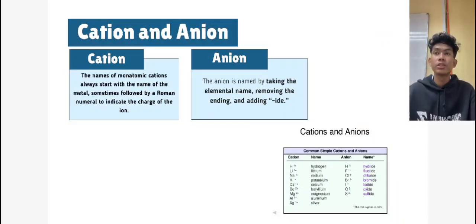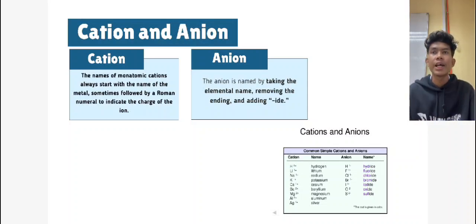Now, I would like to talk about cation and anion. Cation: the name of a monoatomic cation always starts with the name of the metal, sometimes followed by a Roman numeral to indicate the charge of the ion.